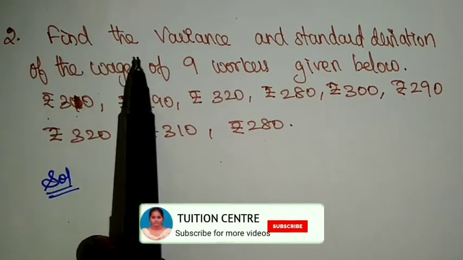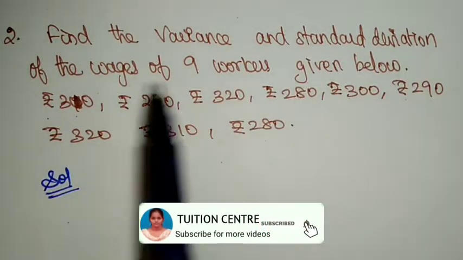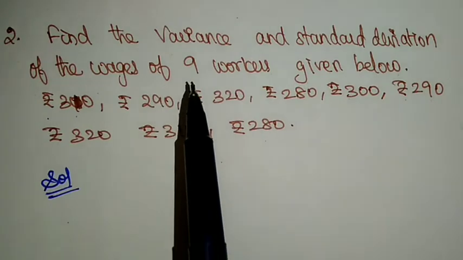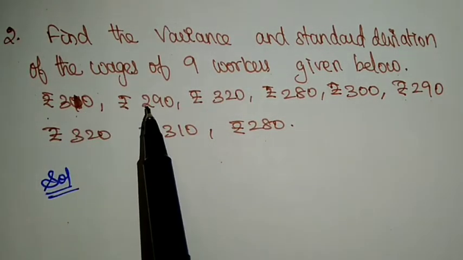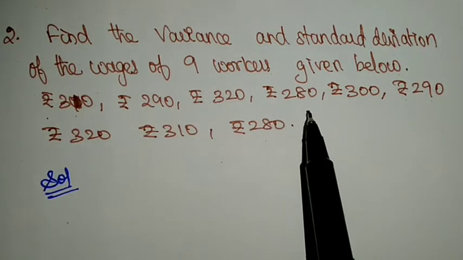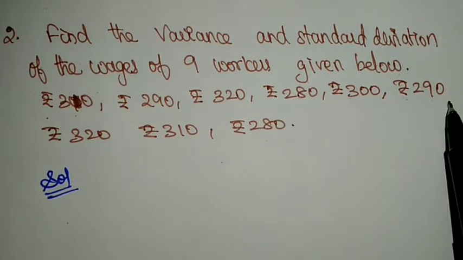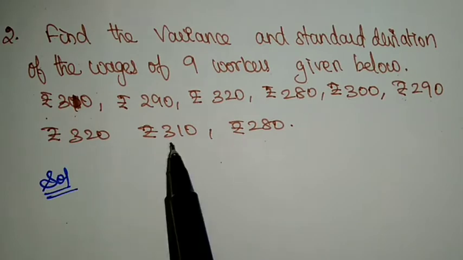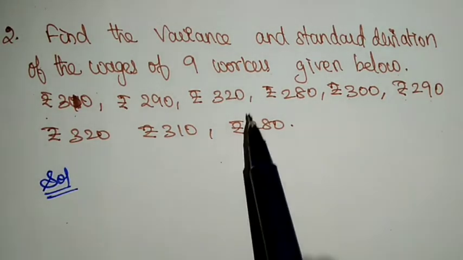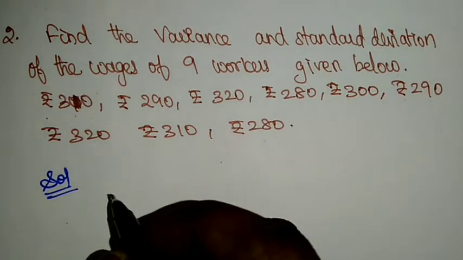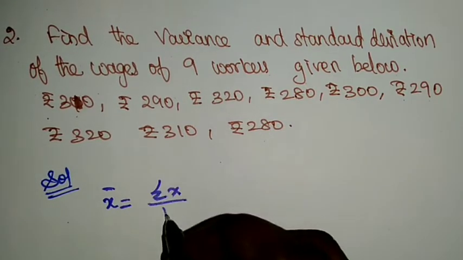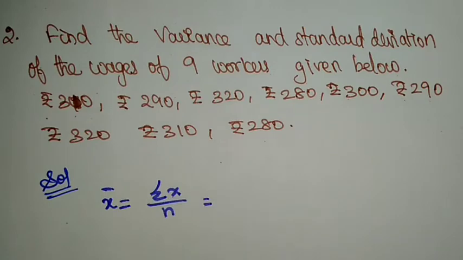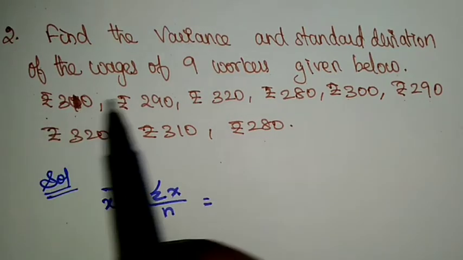Okay, second problem: find the variance and standard deviation of the wages of 9 workers given below: 310, 290, 320, 280, 300, 290, 320, 310 and 280. Here we can get x bar from summation of x divided by n. We have to add the given wages.